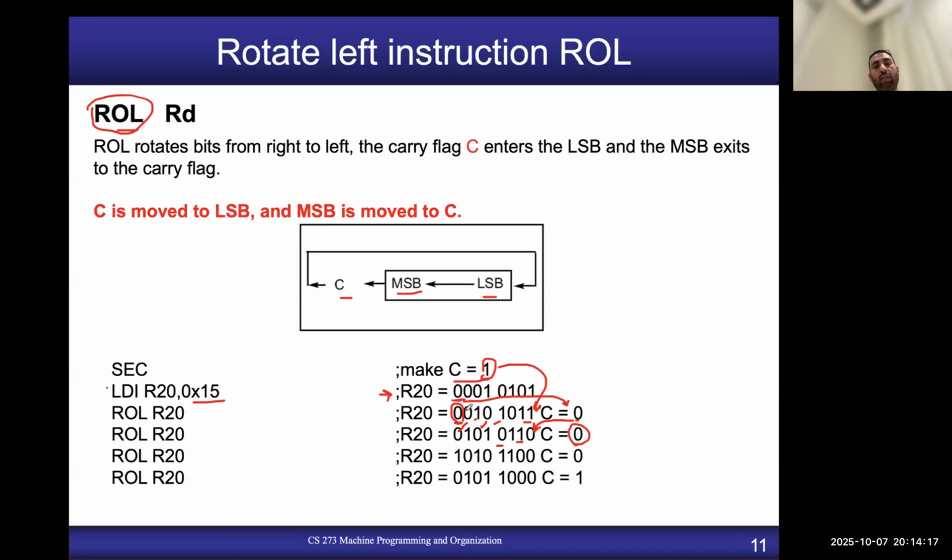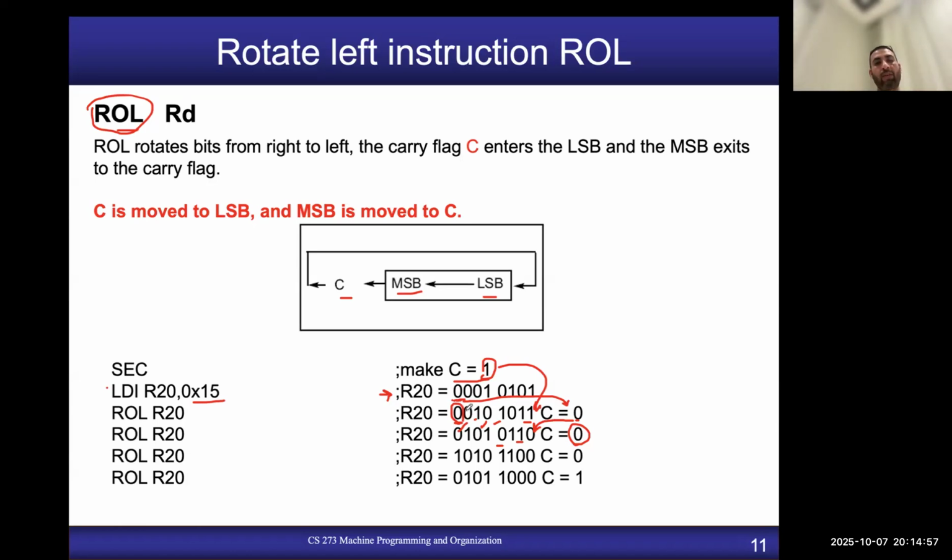Let's say you have data in an 8-bit register, but you want to send it not on 8 output ports, you want to send it on a single output port with which you have connected some serial device, which can take only 1 bit at a time, right? Then what you will do is these rotation operations to send the data to the output bit by bit on a single line.